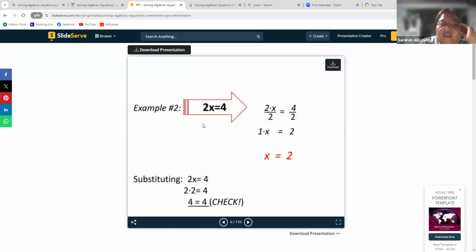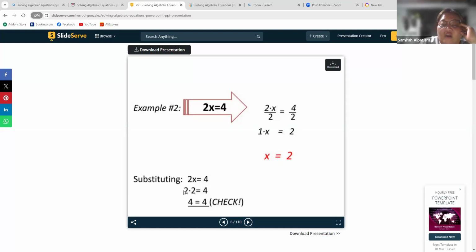So we simply divided by 2 to make sure that what will remain on the left side will only be x. And since we divided the left side by 2, we should also divide the right side by 2. Therefore, 2x divided by 2 will give us 1x, and 1 times x will give us x. 4 divided by 2 would give us 2.